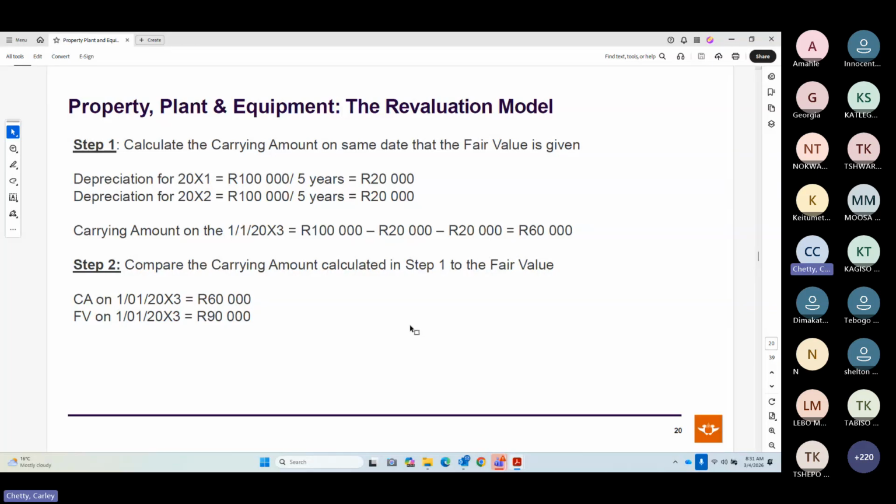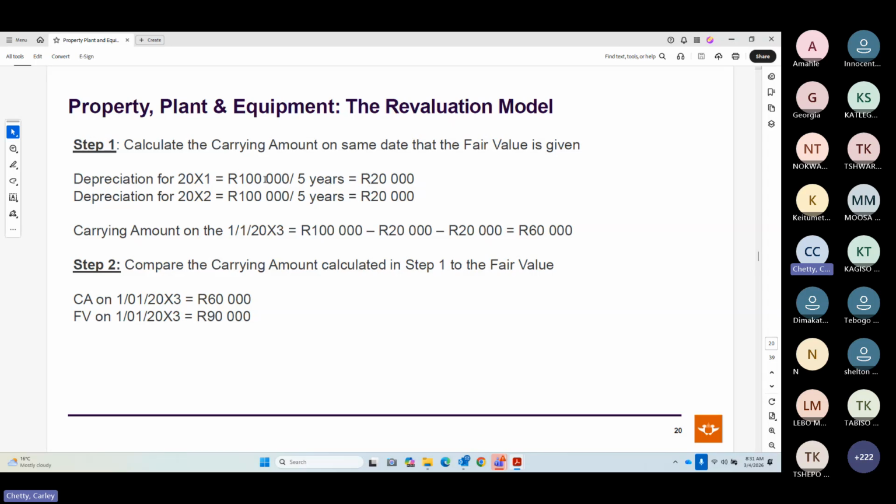So in the example, it said that the cost of the asset on 1 Jan 20x1 was 100,000. And we need to calculate the carrying amount 2 years later on 1 Jan 20x3. So we need to provide for depreciation for 20x1 and 20x2. So remember, the cost of the asset was given at 100,000 and the useful life is 5 years.